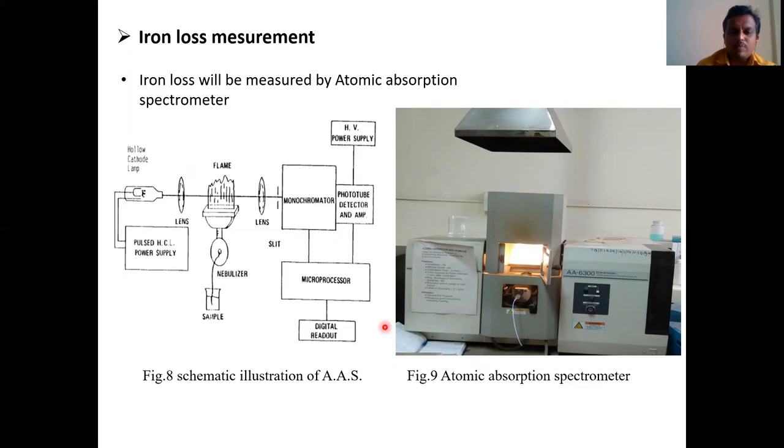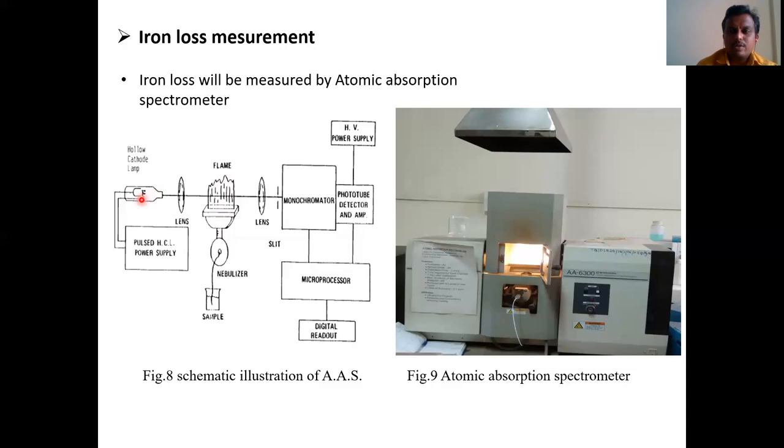This atomic absorption spectrometer works on the principle of the Beer-Lambert law, so the absorbance of the material is directly proportional to the path length. Here your sample is there, and a nebulizer sucks in the sample with the iron particles, and the flame is generated.